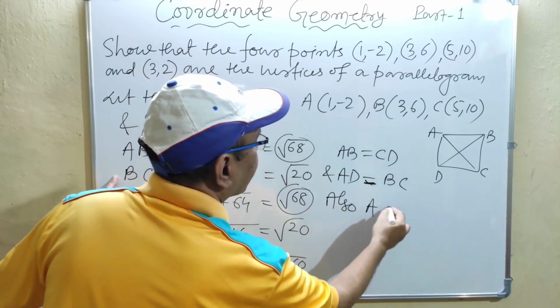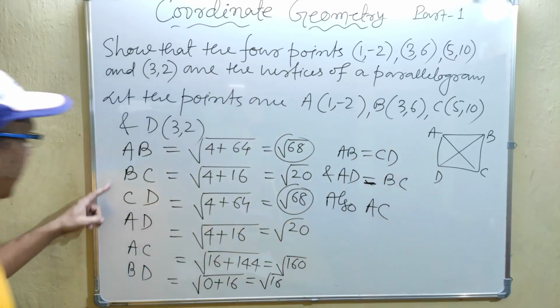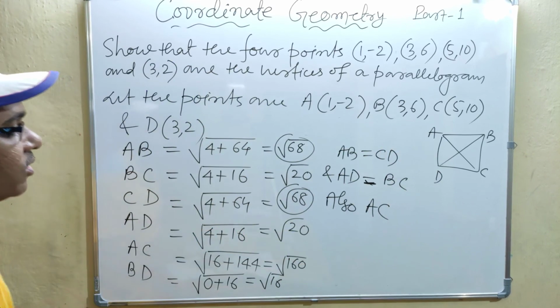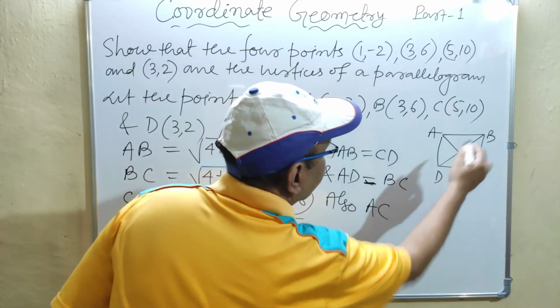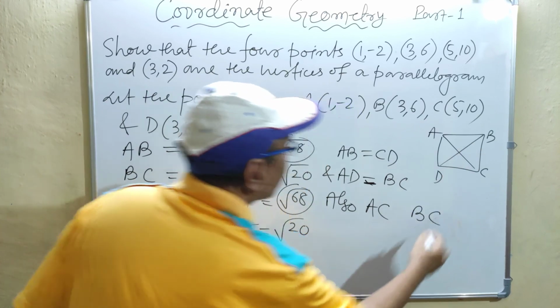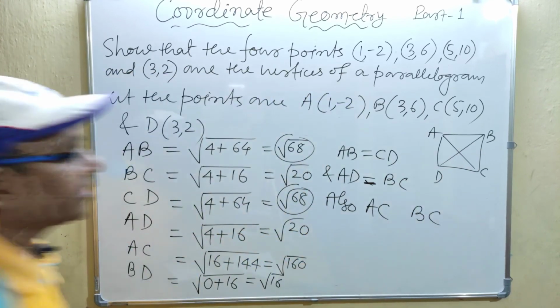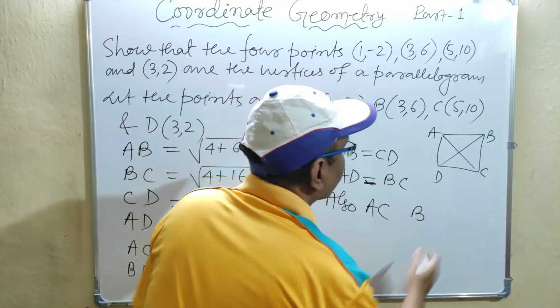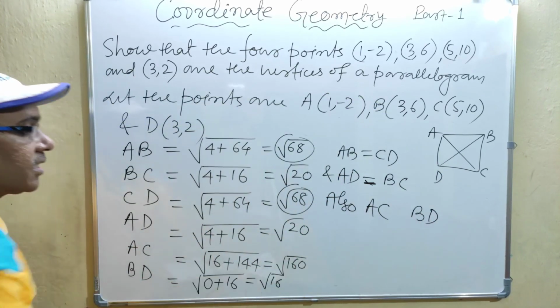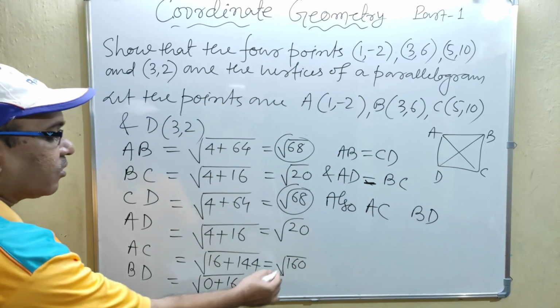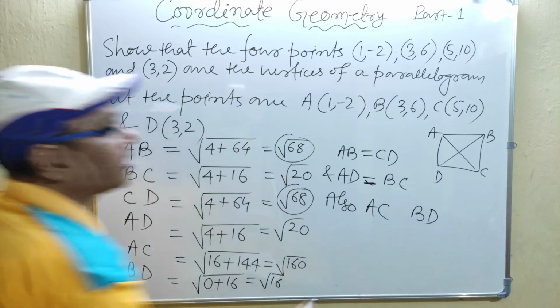Also, what about the diagonals? One is AC, one is BD. AC is root 160 and BD is root 16. Obviously they are not equal.